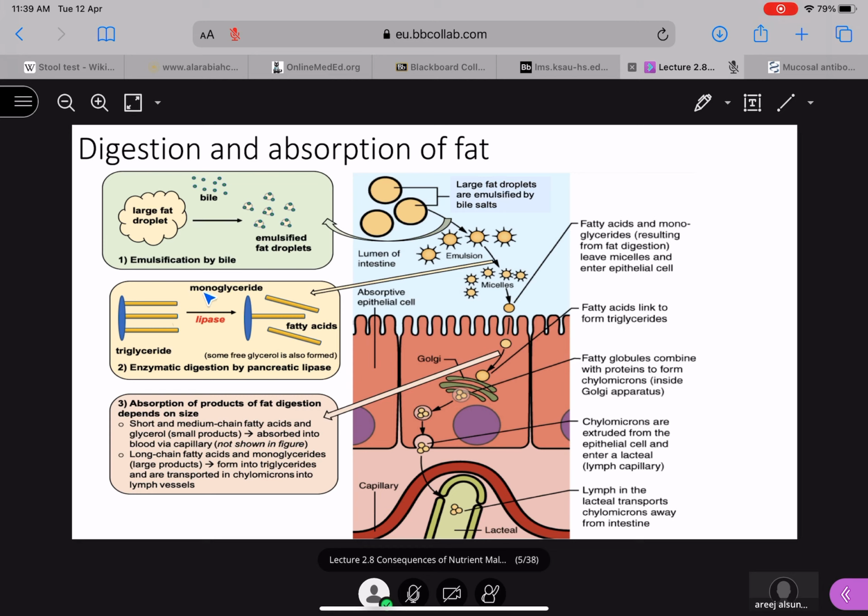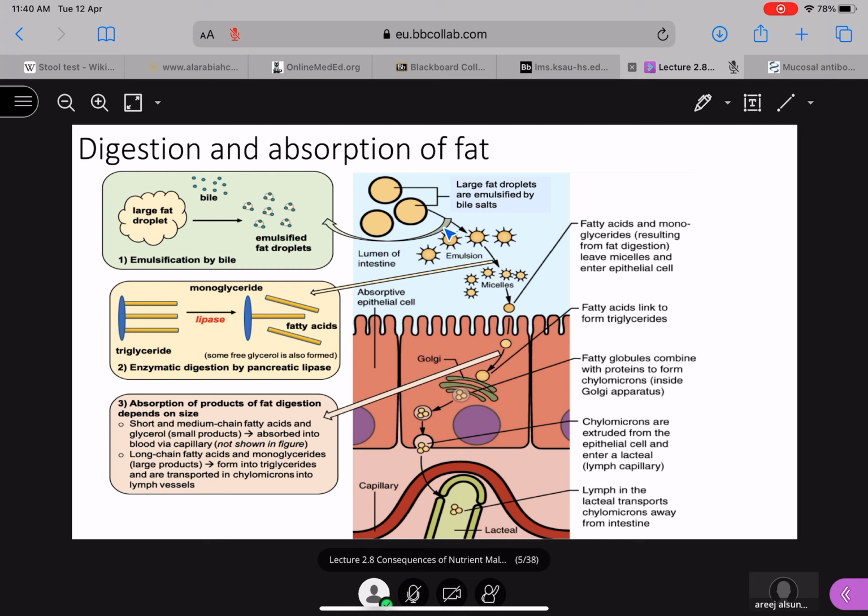When lipase from the pancreas breaks down the triglyceride, it is converted to free fatty acid and monoglyceride. This process, where we convert the large lipid molecule to smaller lipid by the action of bile acid, is called emulsification. So the first step in the digestion of lipid is emulsification.